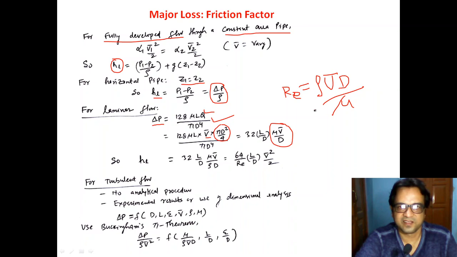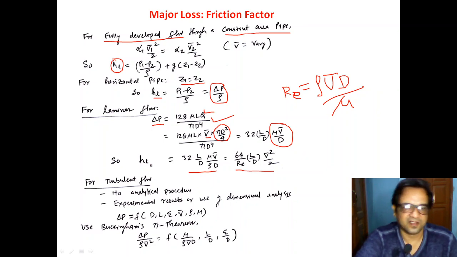Automatically the term rho u d by mu will come into the picture, and we can replace that quantity by Re. So small h L, the head loss per unit mass, equals 64 by Re into L by D into V average square by 2. So remember this, we will use it later.